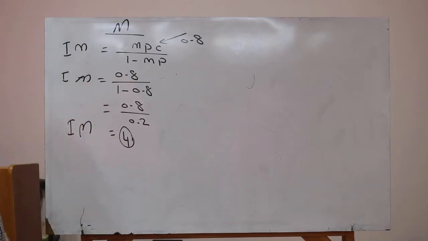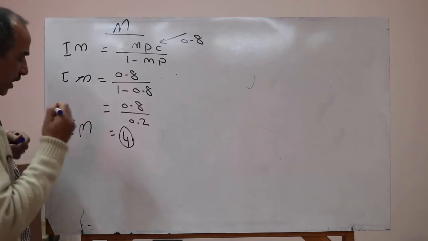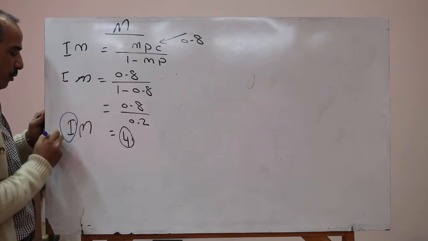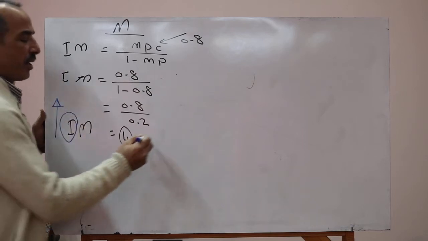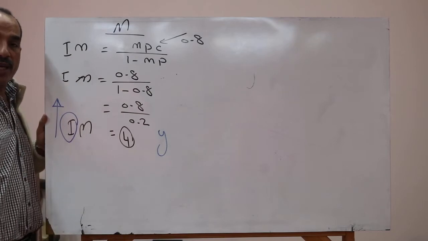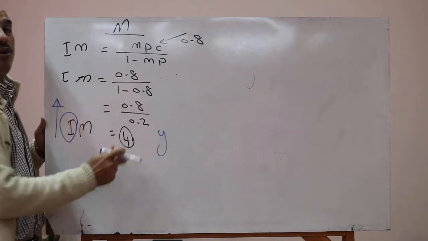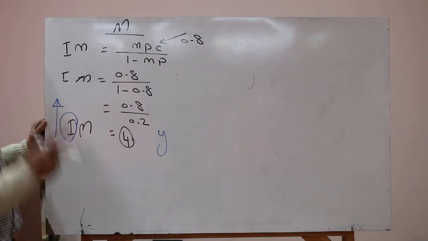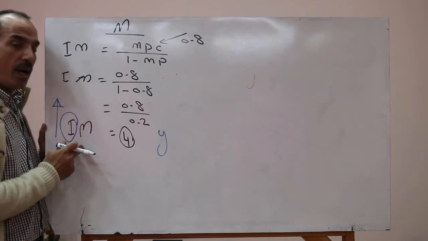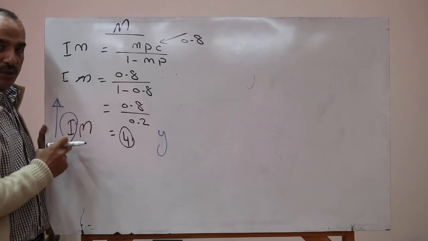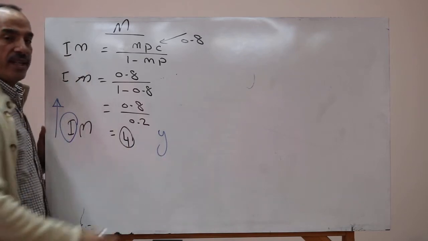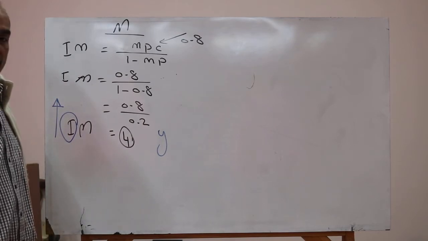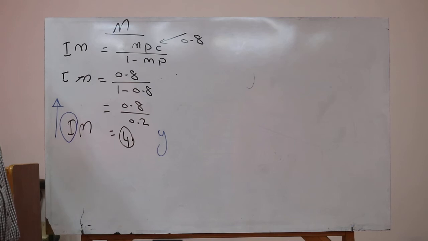What is the meaning of this number? It means that when we increase the investment by $1 million, the national income will increase by $5 million. Okay?